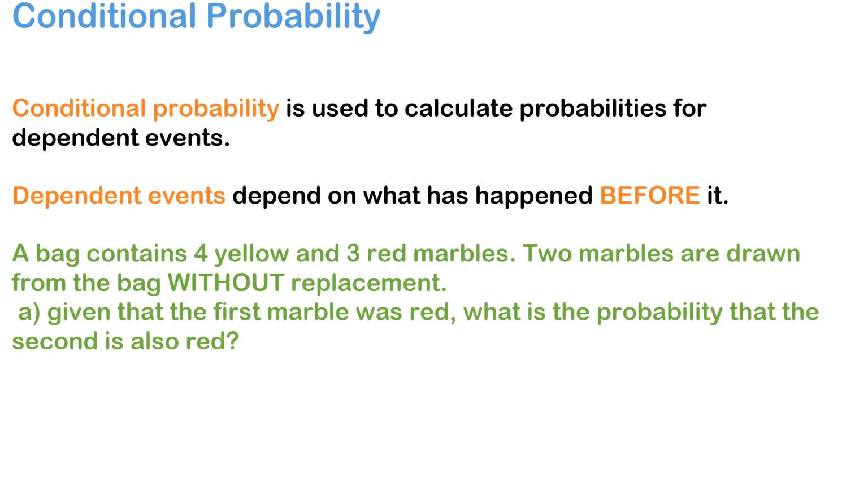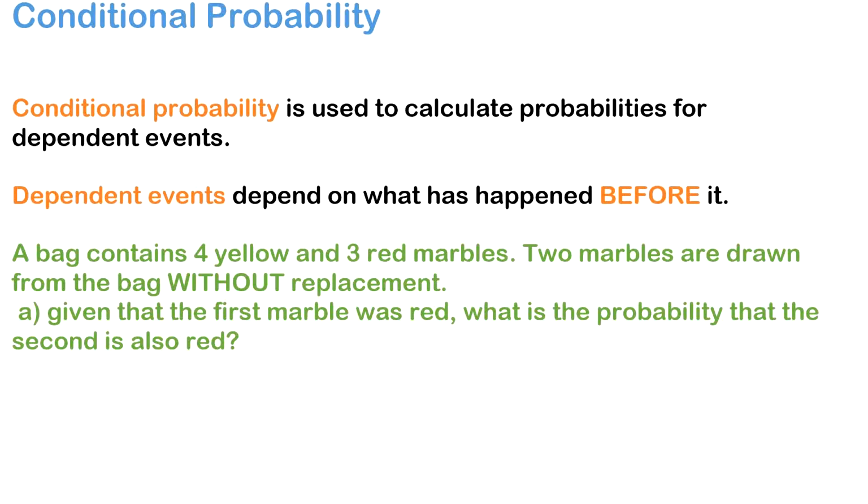For example, here we have a bag that contains 4 yellow and 3 red marbles. 2 marbles are drawn from the bag without replacement. What this means is, once we've pulled out that first marble, all the probabilities for that second event, the drawing of the second marble, have changed.